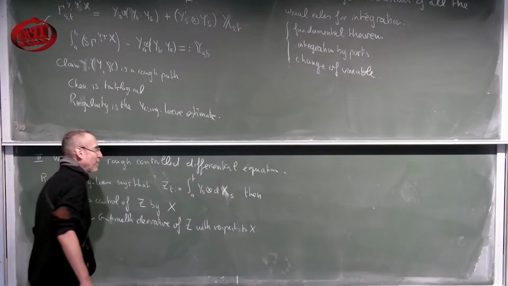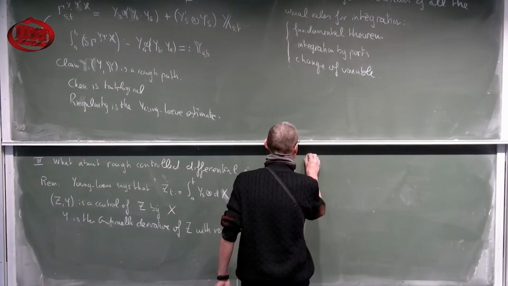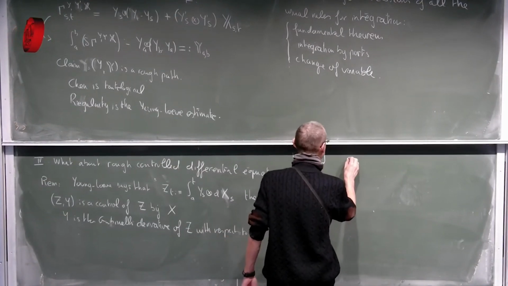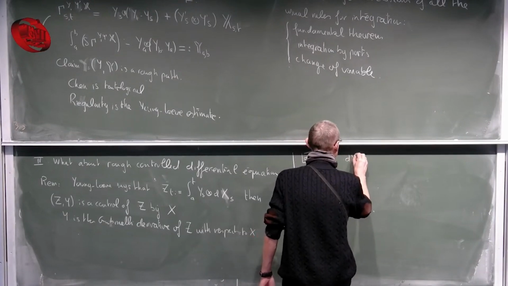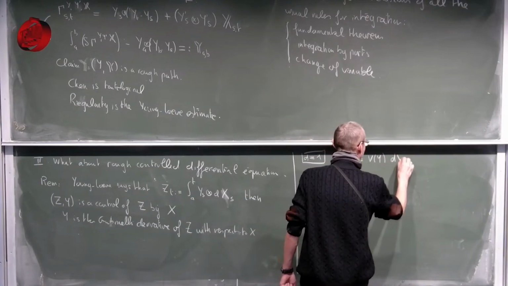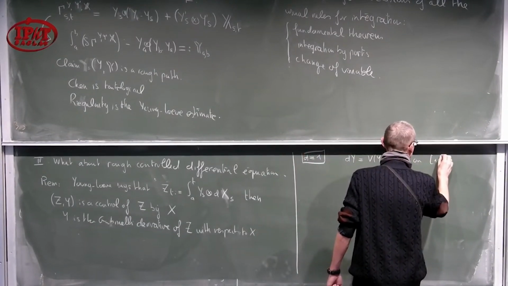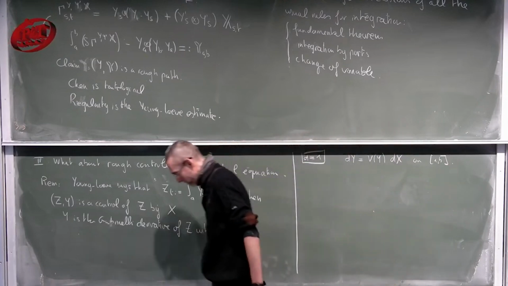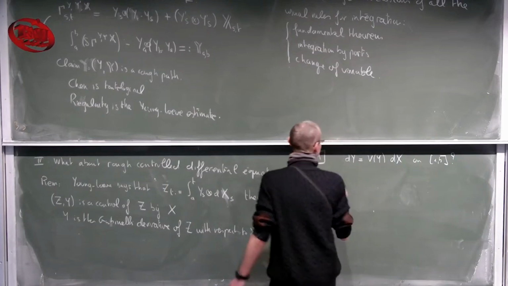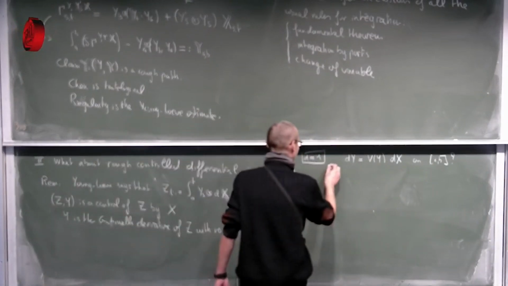Okay, so from now on we assume that d is equal to 1. And we ask about dy is equal to V of y dx on [a,b]. So one thing we can try to do is to turn it into an integral equation.